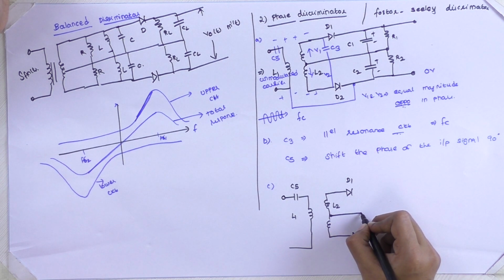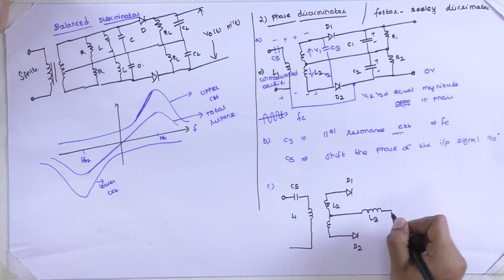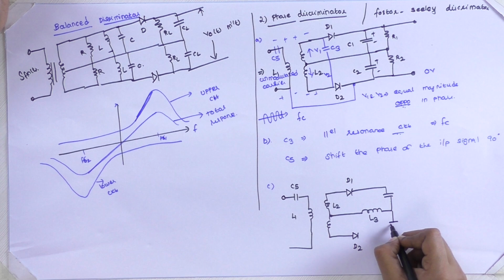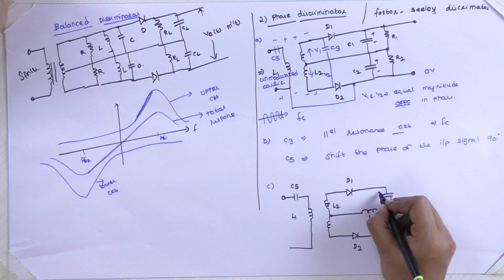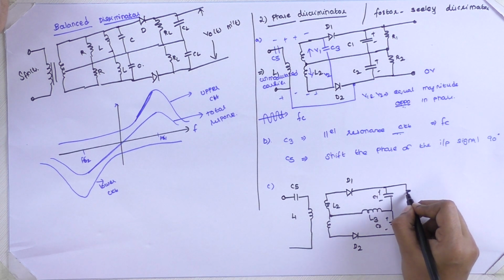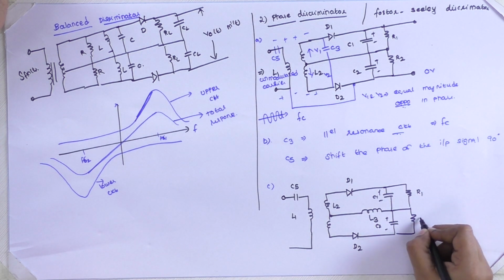We have yet another inductor over here, this is L3, plus and minus C1, plus and minus here again C2, this is our R1 resistance, this is our R2.